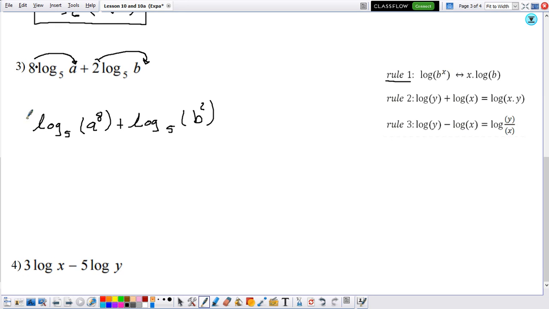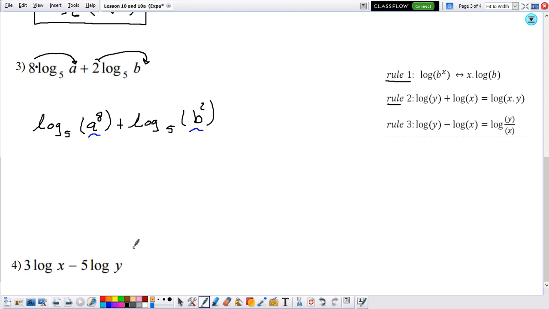And now that we do not have any number in front of the logarithm, we can apply rule 1 or 2. But because here we're adding, we're going to apply rule number 2. And rule number 2 says if you're adding logarithms, you can just multiply the insides. So here, what exactly are we going to be multiplying? We're going to multiply the insides, which is 8 to the 8th and b to the second.